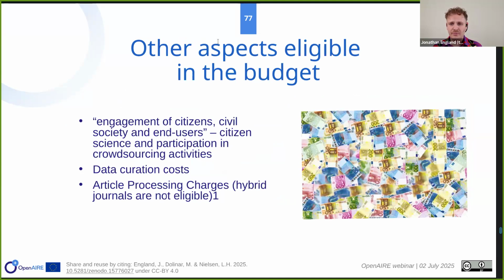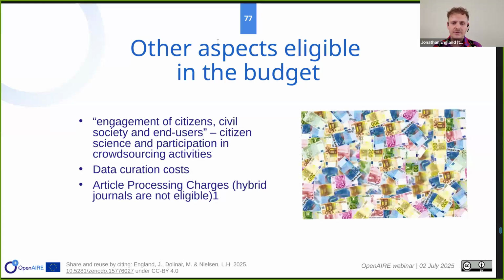Remember, and this is very important because people forget to do it, you can add in your budget some elements linked to open science. So you can add data curation costs, like for instance, to have a data steward, anything related to citizen science, so engagement of citizens.